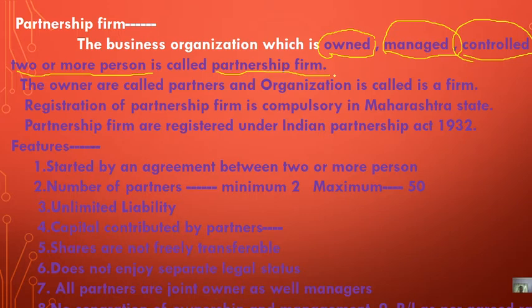If there are three partners, Mr. A, B and C, and C wants to transfer his share to another person, then the consent and permission of Mr. A and B is required. So there are restrictions on transferability of shares.